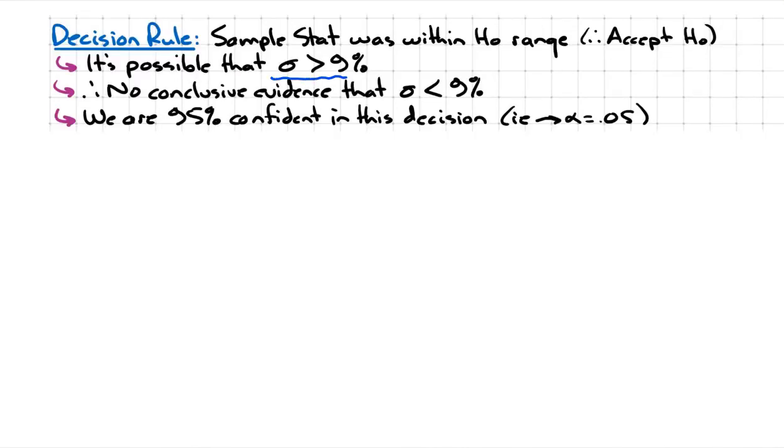So if it's possible that the standard deviation is greater than 9, then there's no conclusive evidence that it's less than 9. You cannot say conclusively it's less than 9 when at the same time you're telling me it's possible that it could be greater than 9. So it's got to make sense.